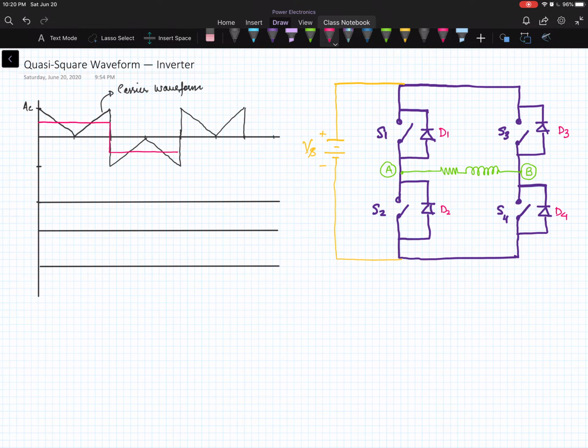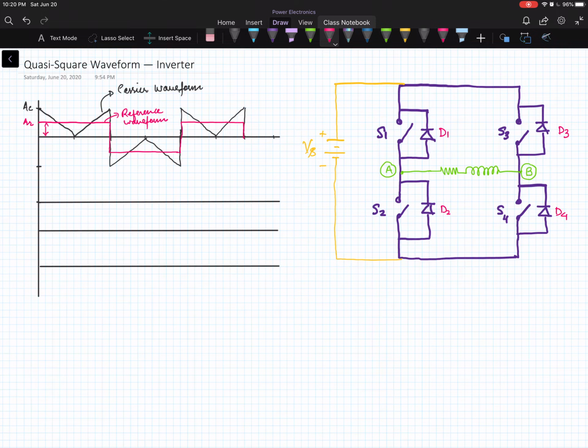So this rectangular waveform is shown over here. Let's suppose that the magnitude of this rectangular waveform is AR. This is called the reference waveform or the reference signal.